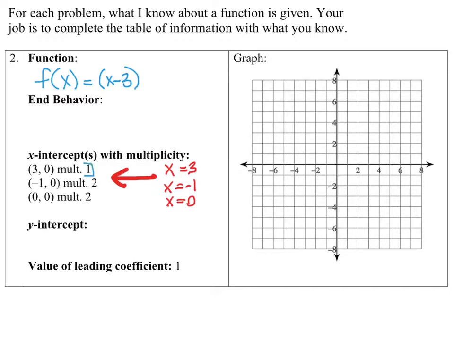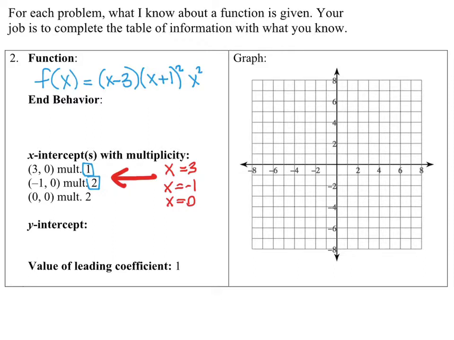Because I had a multiplicity of 1, my exponent's just going to be a 1. X minus negative 1, or x plus 1, had a multiplicity of 2, so I'm going to square the factor. And then I have x equals 0, so it's just going to be x, and I'm going to square it.